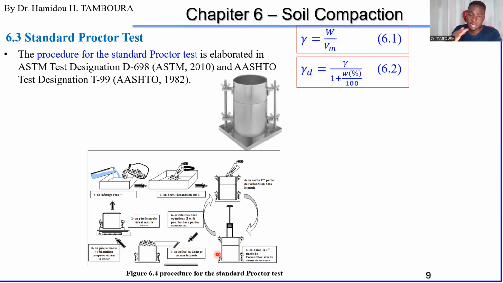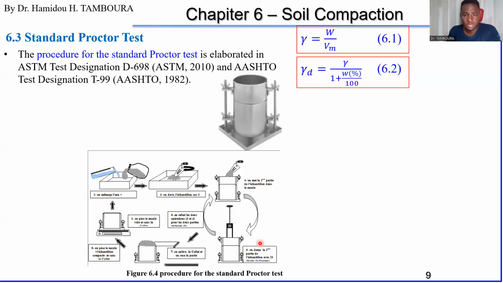First layer, 25 blows. You hit it 25 times. So for each layer, 25 blows. It means you will repeat, you see these arrows, you will repeat this 3 times.